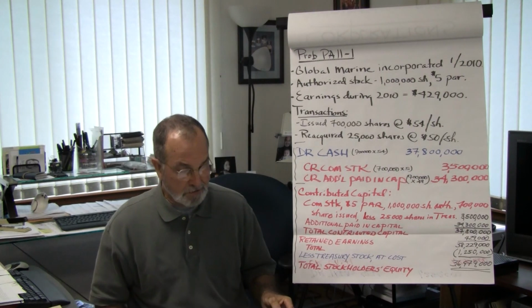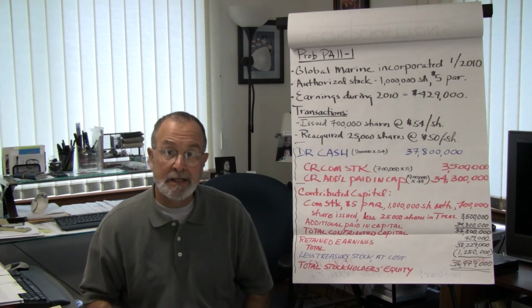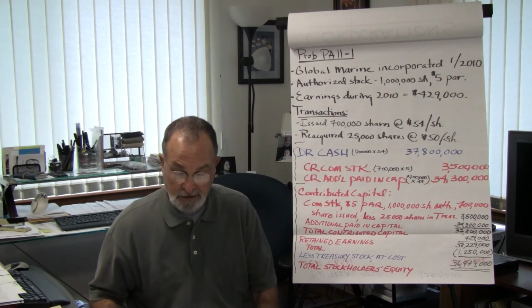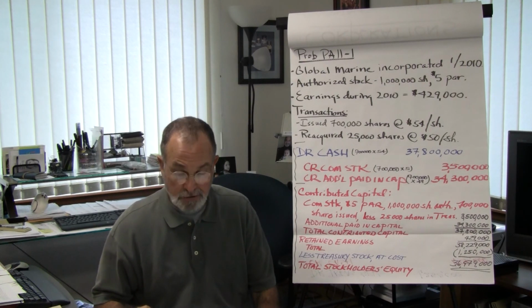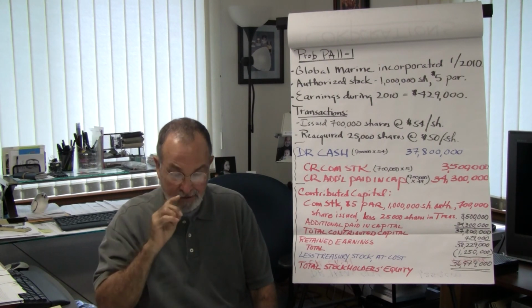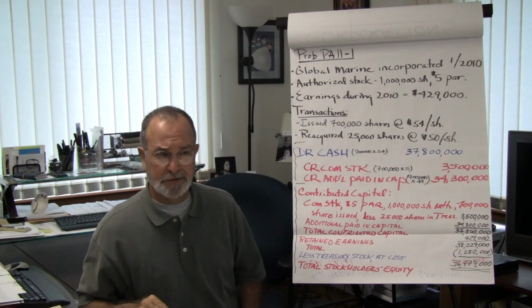So what I thought I would do is problem PA11-1, which is one of our assigned problems for the course. And again, I've done a couple of problems in earlier lessons.